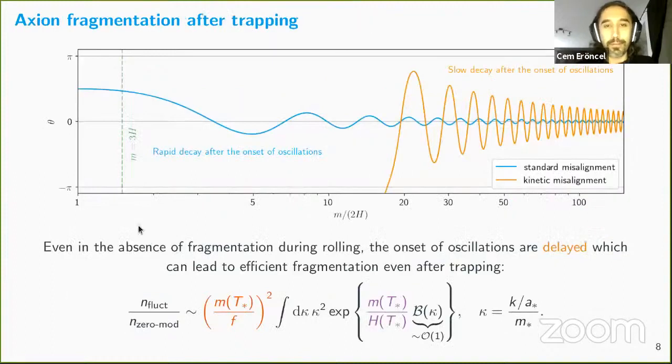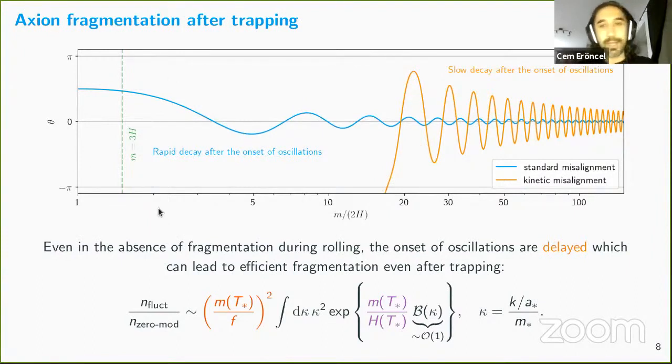But even in the absence of fragmentation during rolling, this still delays the onset of oscillations. In the conventional misalignment mechanism, the oscillations start when the axion mass becomes comparable to Hubble. But in this mechanism, which is also called the kinetic misalignment mechanism, the onset of oscillations is delayed compared to the standard case.